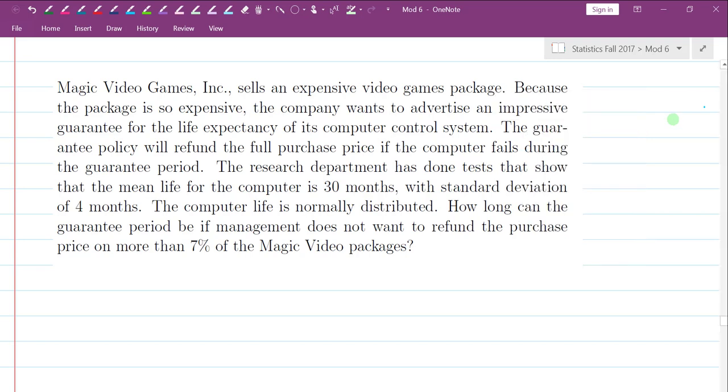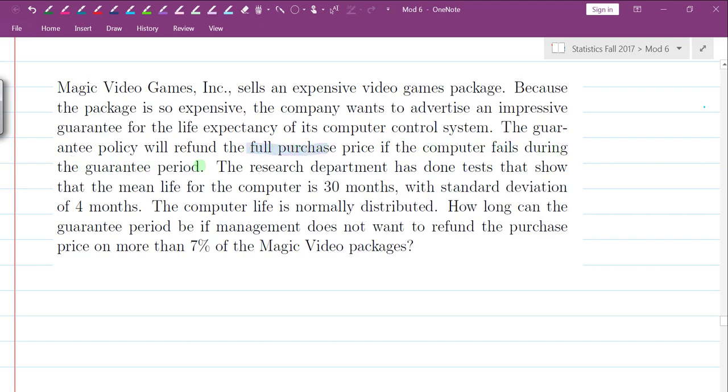Magic Video Games, Inc. sells an expensive video game package. Because the package is so expensive, the company wants to advertise an impressive guarantee for the life expectancy of its computer control system. The guarantee period will refund the full purchase price if the computer fails during the guaranteed period.